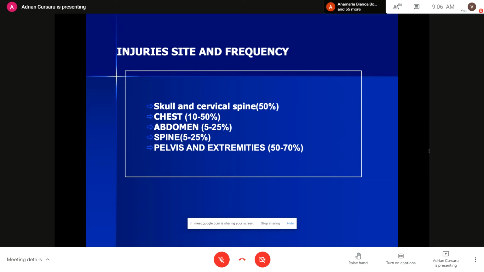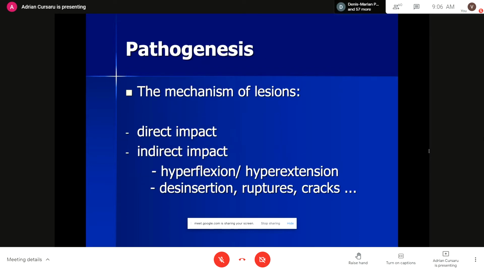It is very important to establish whether the patient has just a pelvic trauma or an association with pelvis fracture or extremity, lower limb or upper limb fractures, and a trauma to the abdomen, chest, or other sites. It is very important because the prognosis is different, and our treatment has to address all the trauma.